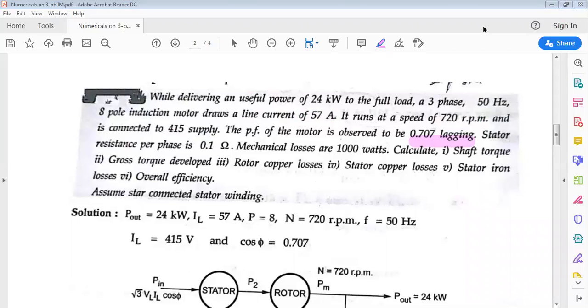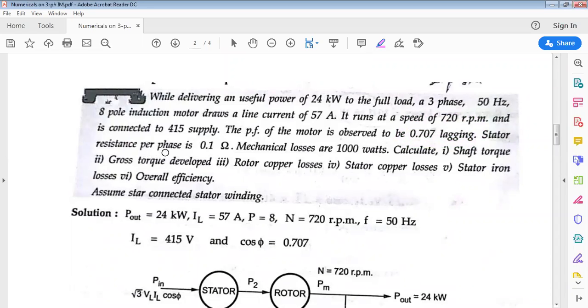Who can tell? Inductive. Very good. So all of you keep in your mind that three-phase induction motors and single-phase induction motors are considered as inductive type of load, and their power factor is greater than 0, less than 1, and lagging power factor nature means current lags voltage. Got it? For three-phase induction motor, it has lagging power factor.